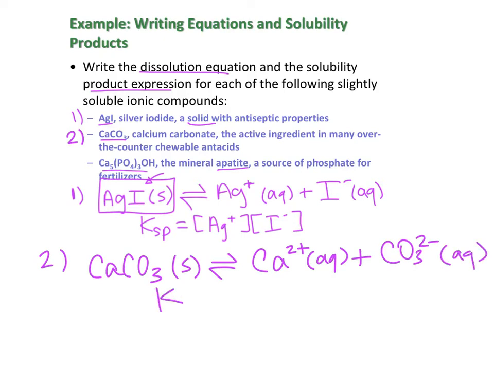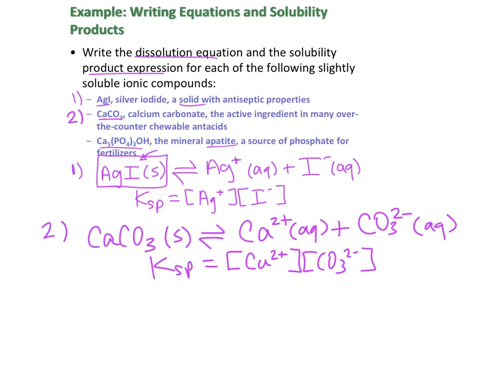And then its Ksp would be the ions, not including the solid. And then CO3 2-. And calcium carbonate is typically in like Tums and any OTC chewable antacids. That's like the main ingredient in it.